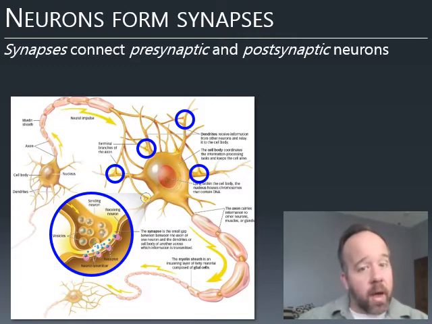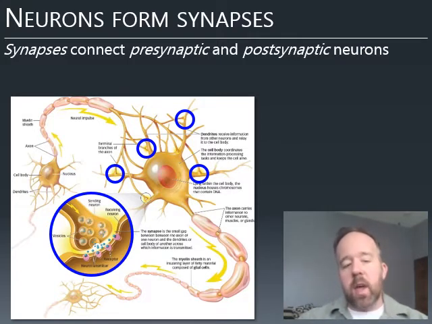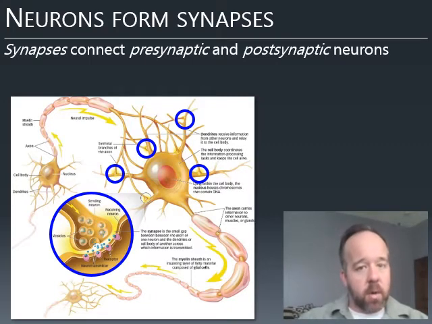We'll talk more about that in a minute. But the point is there's a little gap between the presynaptic and postsynaptic neuron. That's part of what Ramon E. Cajal discovered. And so that gap is where chemicals are released by the presynaptic neuron, and it's where they're picked up by the postsynaptic neuron, and that will initiate a signal in that postsynaptic neuron.